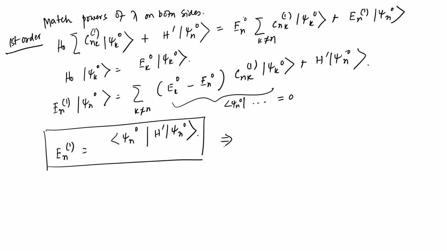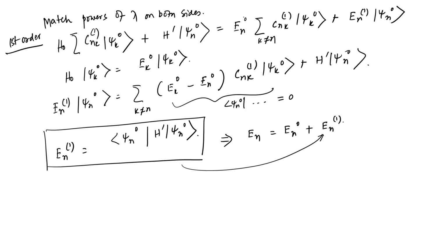So, that tells you that at this level, if your perturbation is really weak, then you are doing fine if you simply take the total E n to be equal to E n 0, which is the unperturbed problem, and the E n 1 that you find out. So, E n 1 is here. Okay. E n 1 can be found out like this.